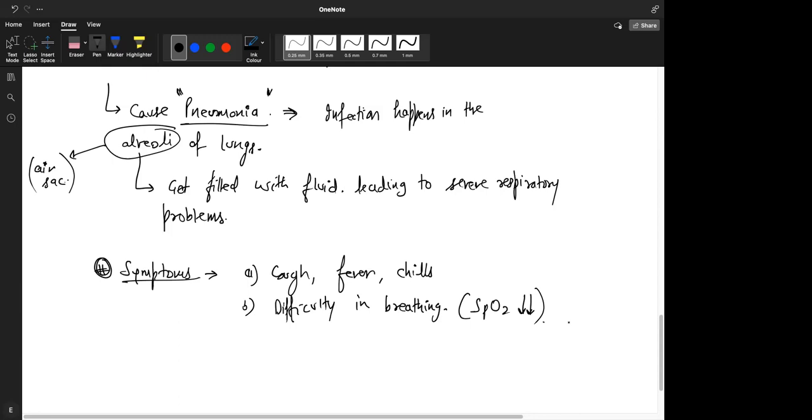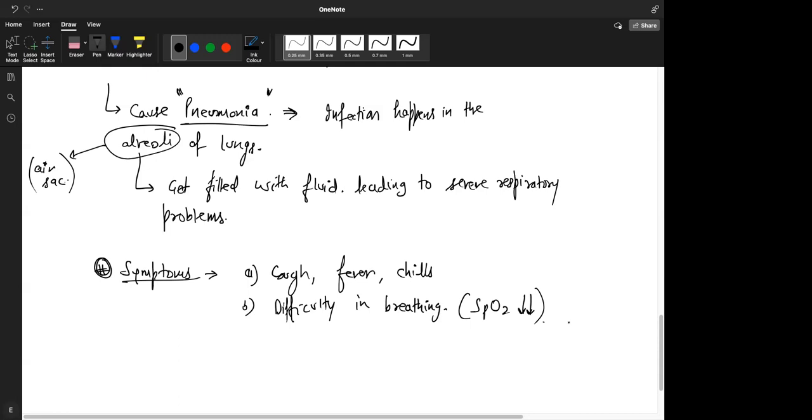Your brain alone uses around 20% of your total oxygen in the body. So when you breathe in 1 kg of oxygen, 200 grams or even slightly more is utilized by the brain. So when SpO2 goes very, very low, the first organ that's affected the most is the brain.